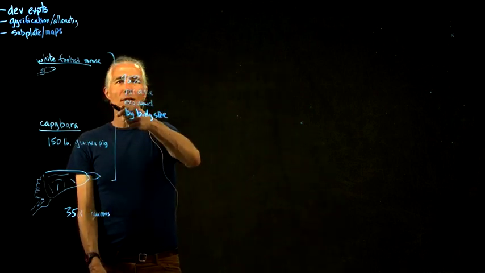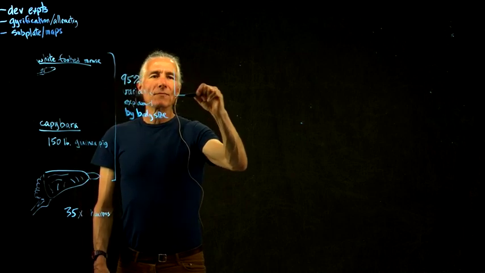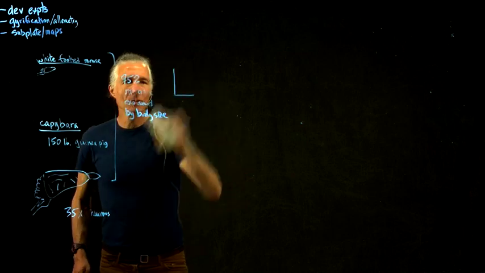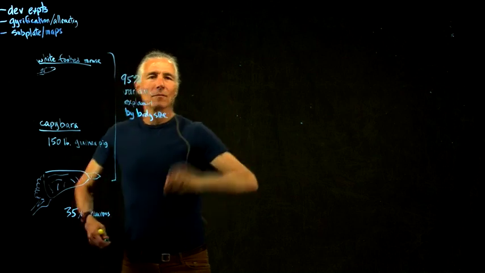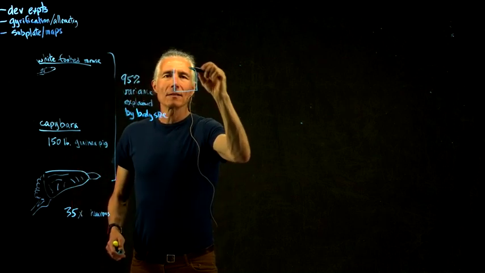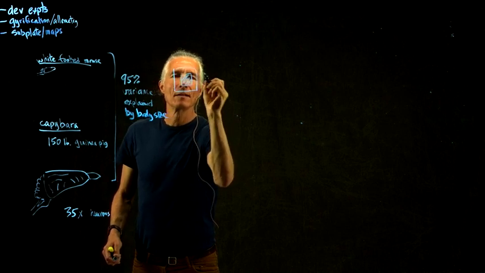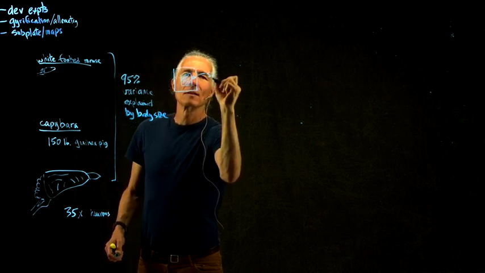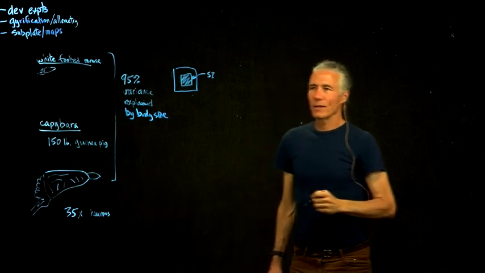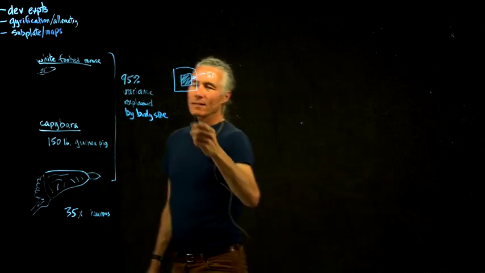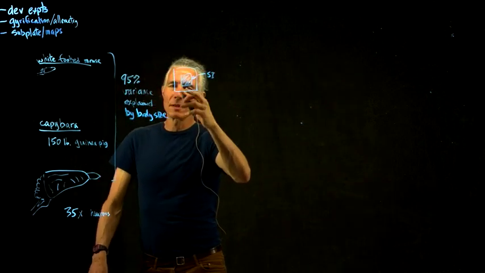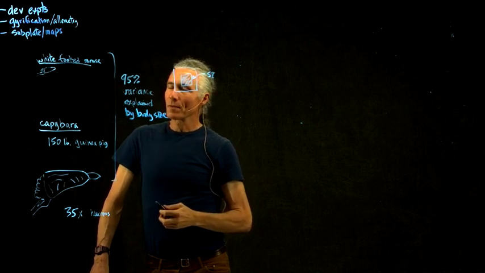So if we flatten out the cortex of a white-footed mouse, what does it look like? Well, say this is S1, that first somatosensory area. S1 takes up something like a third of the cortex.